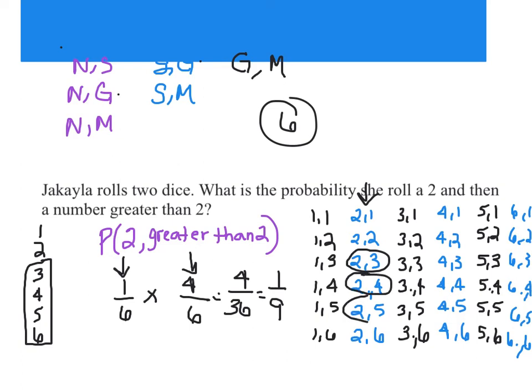This outcome, and this outcome. They all start with 2, which is the first thing we wanted. And the second number, 3, 4, 5, and 6, is all greater than 2. So this was 4 outcomes. And there are 36 here, which is exactly what we got when we used the shortcut.